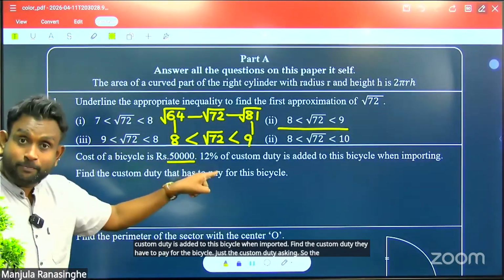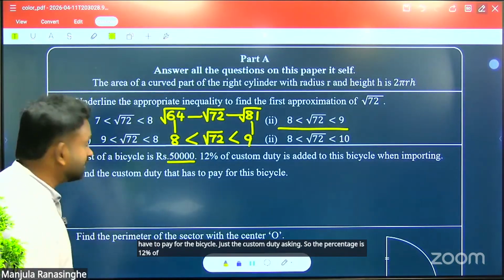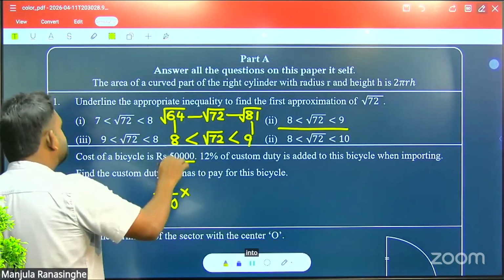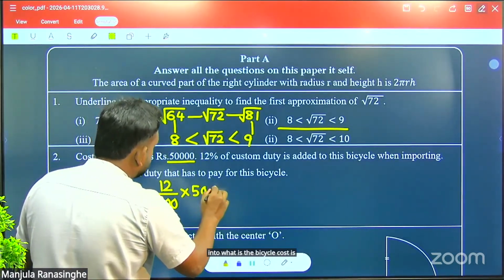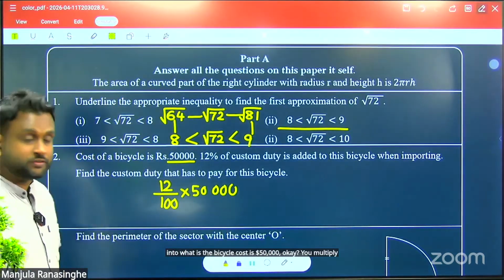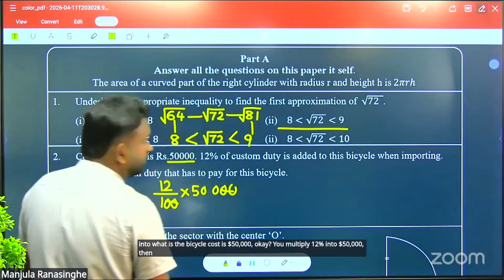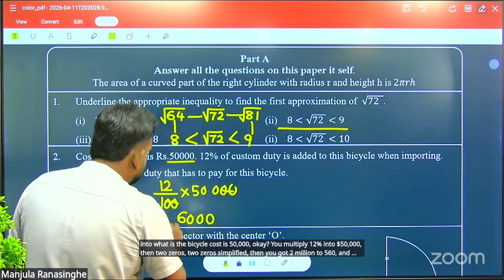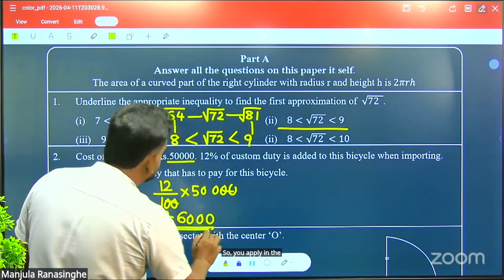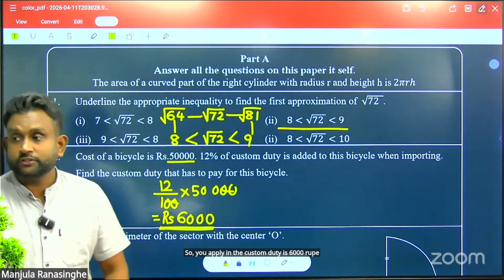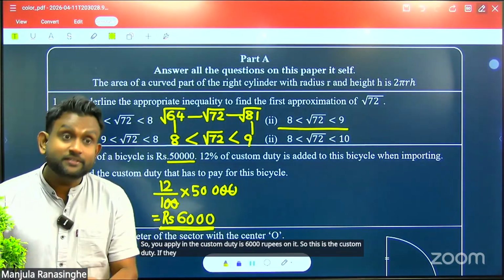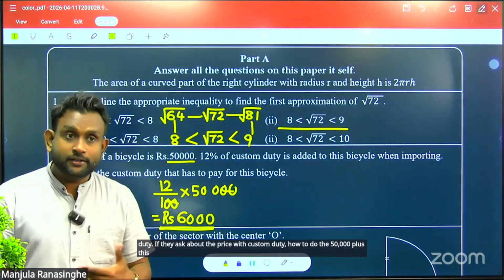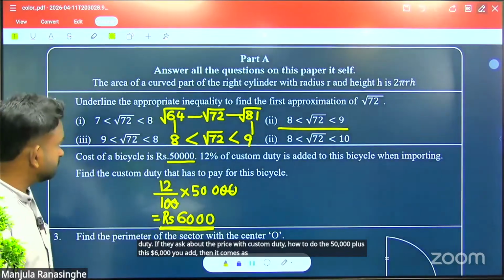So the percentage is 12% of 50,000. 12 upon 100 into 50,000: the two zeros simplify, and 12 into 500 gives 6,000. So the custom duty is 6,000 rupees. If they ask about the price with custom duty, you add 50,000 plus this 6,000, and it comes as 56,000.